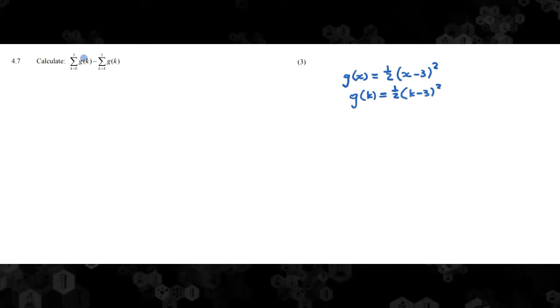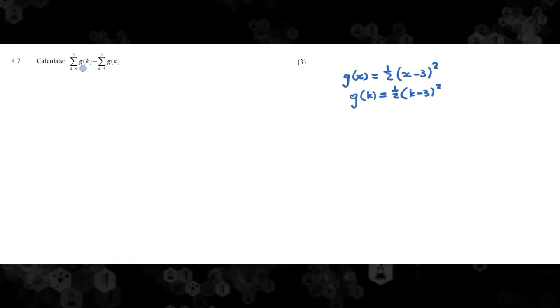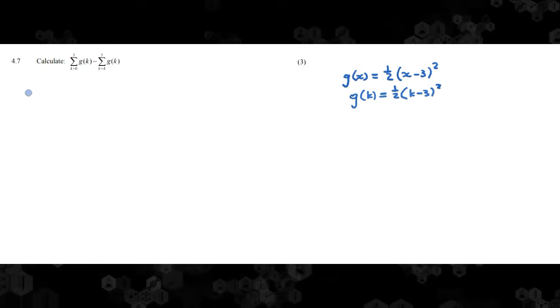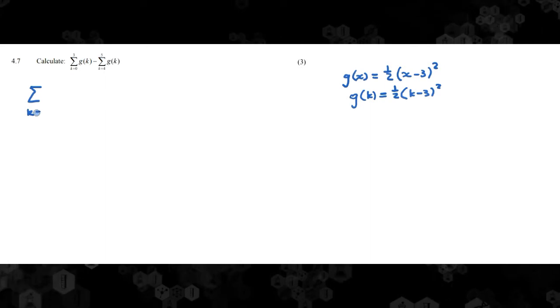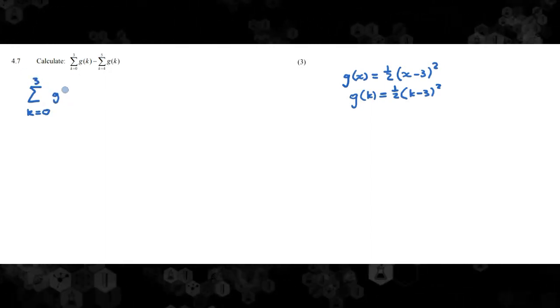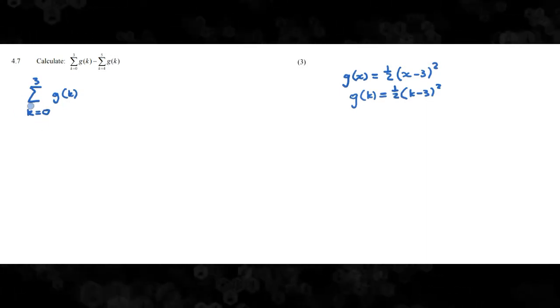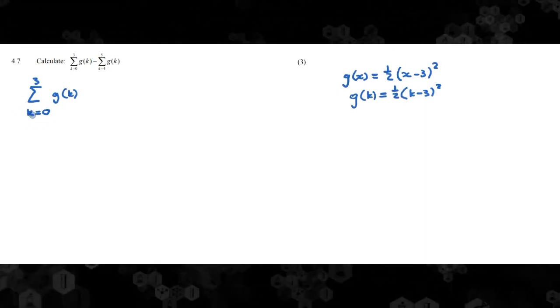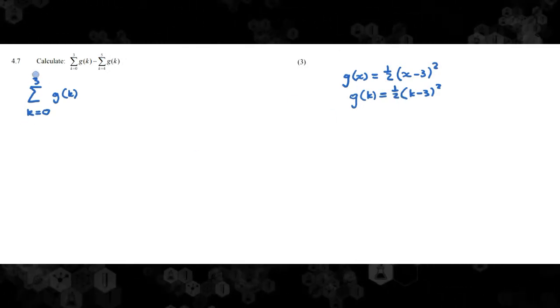Now here I'm going to start by calculating the sum from k equals 0 to 3 of g of k. So we are looking for the sum from k equals 0 to 3 of g of k. I'm going to start by substituting k equals 0 into this equation, and we are going to end at 3.